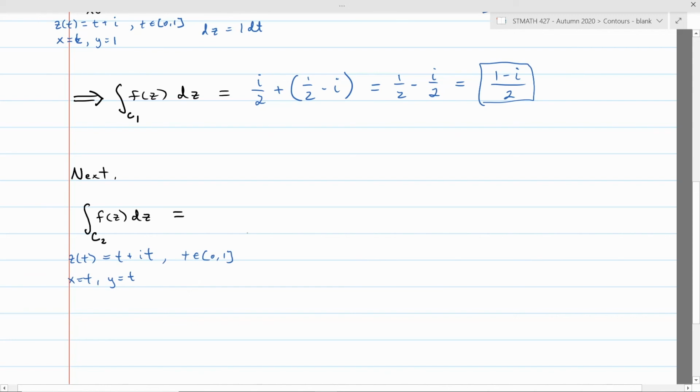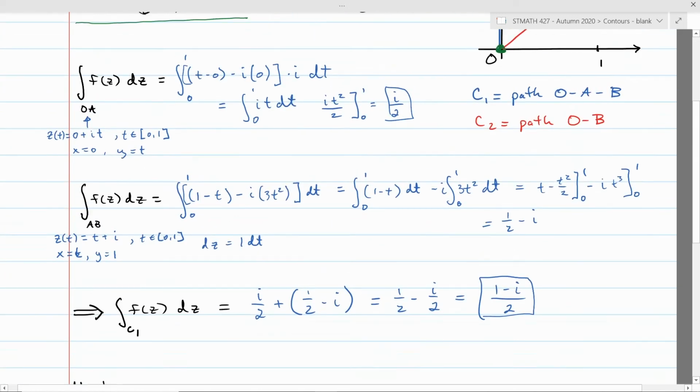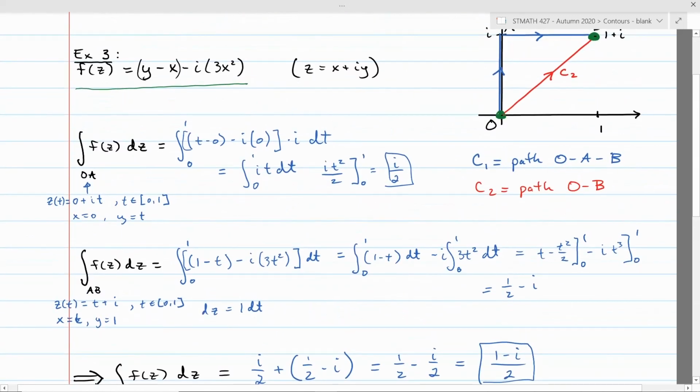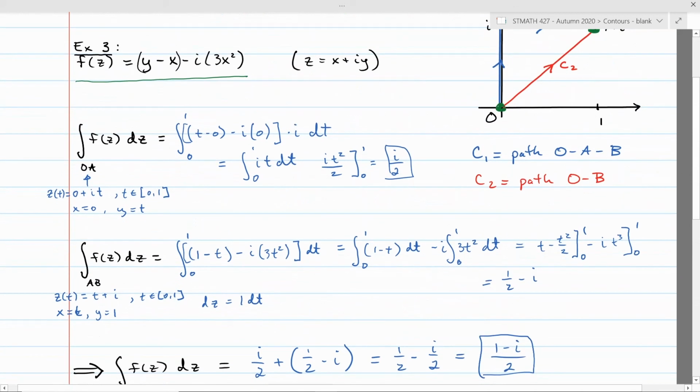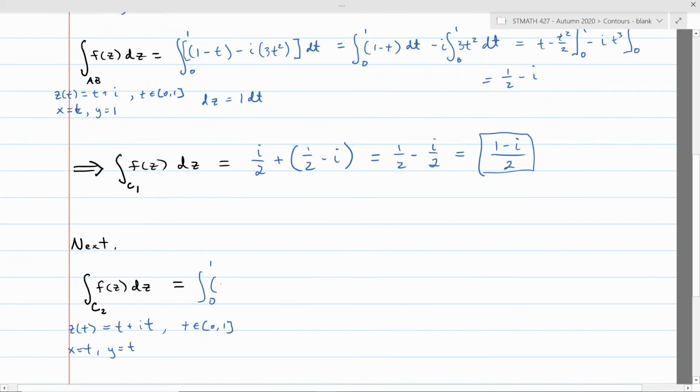So remembering that that function is y minus x minus i times 3x squared. So y minus x is going to be t minus t, which is 0. And then it was i times 3x squared, so that's 3t squared. And then dz here is going to be 1 plus i, that's the derivative of z of t, times dt.